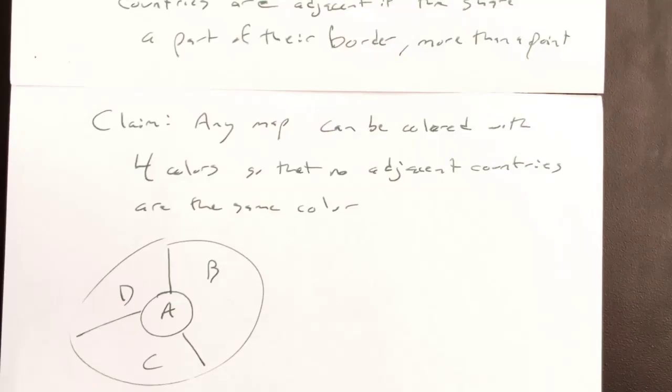two computer science mathematicians by the name of Haken and Appel showed all the possible cases. They did a proof by exhaustion. It was over 300,000 cases. It was one of the first computer-assisted proofs.